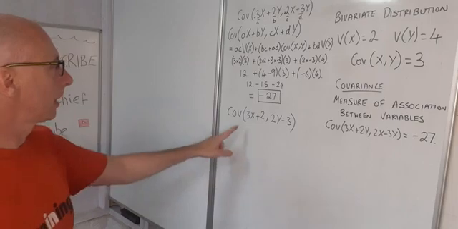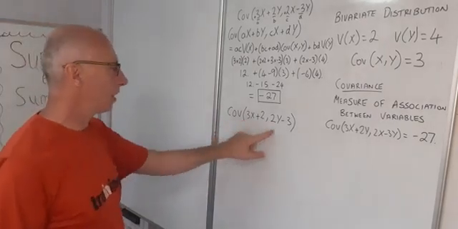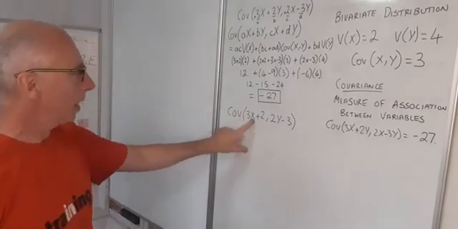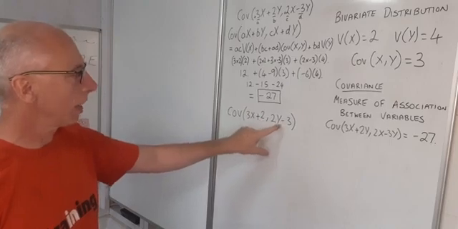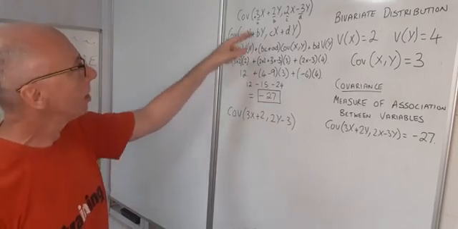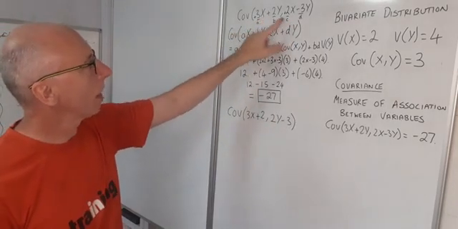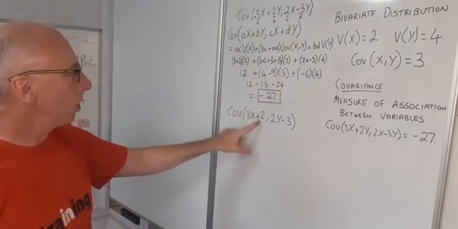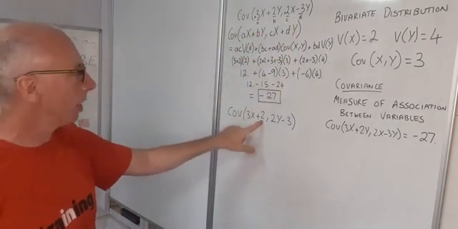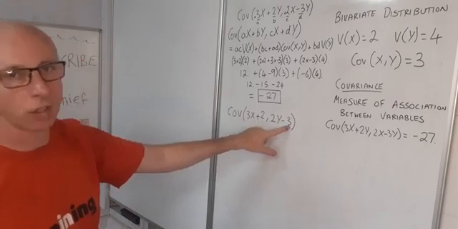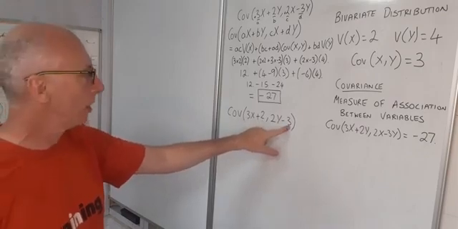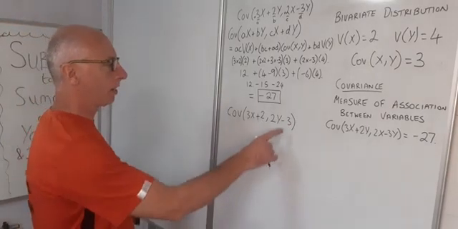Okay, now this one is a little bit different. We've got 3x plus 2 and 2y minus 3. It's still a linear combination, just like these two are, but here we notice we've just got a constant. We don't have any y or an x or any other letter for that instance anyway.